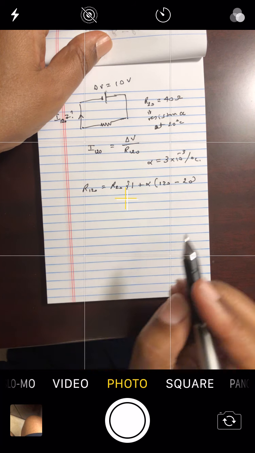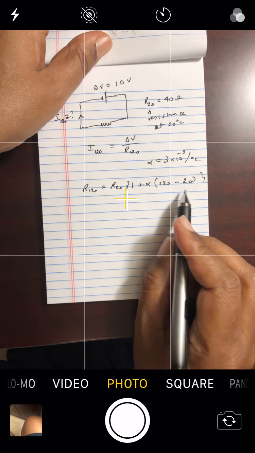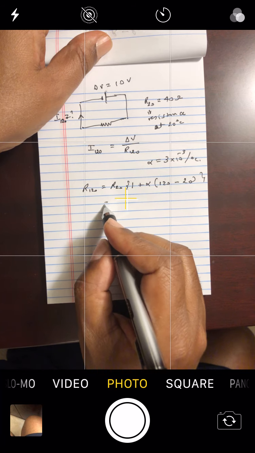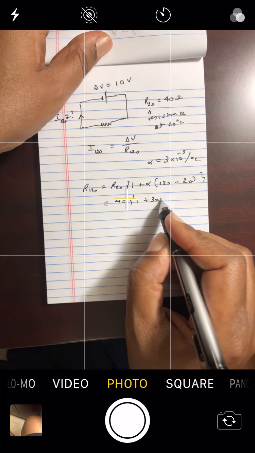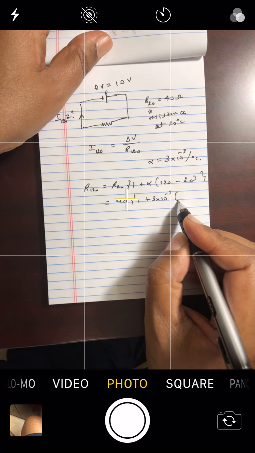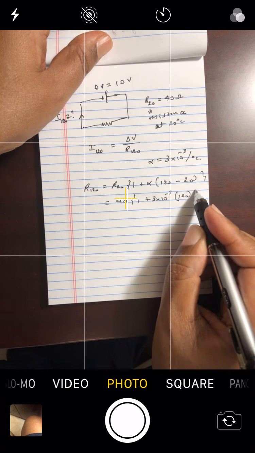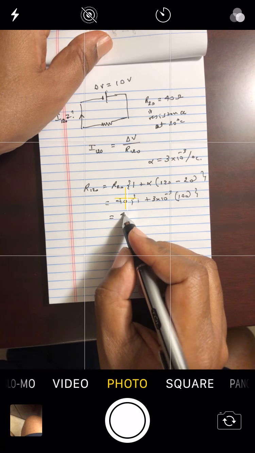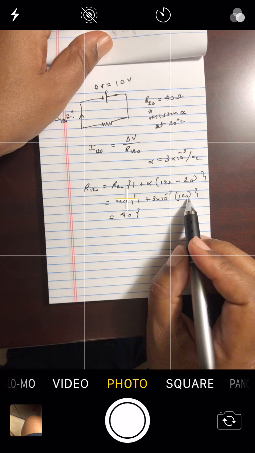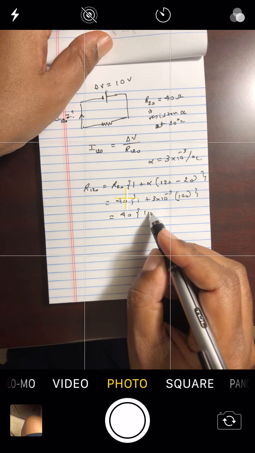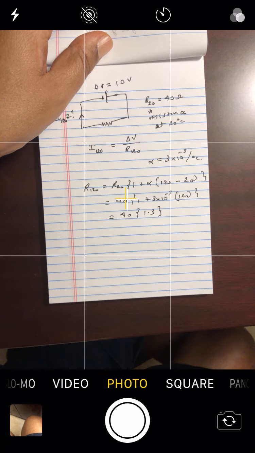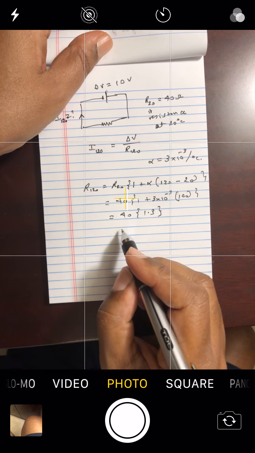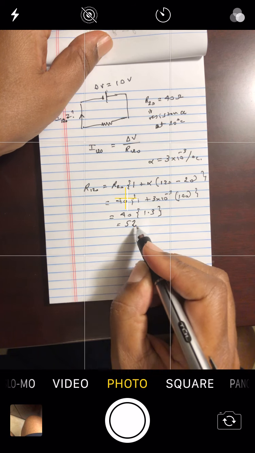R20 is 40. So you get 40 times 1 plus 3 times 10 to the power of negative 3 times 100. So we have 40 times 1.3, which is 52 ohms.